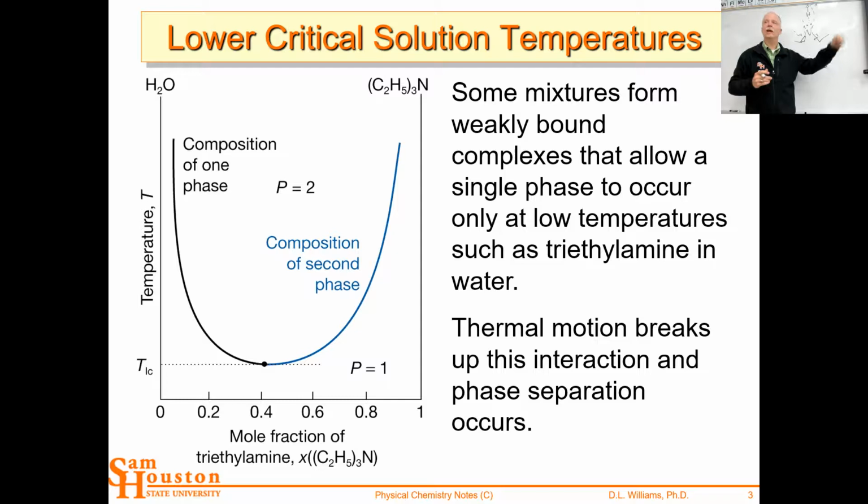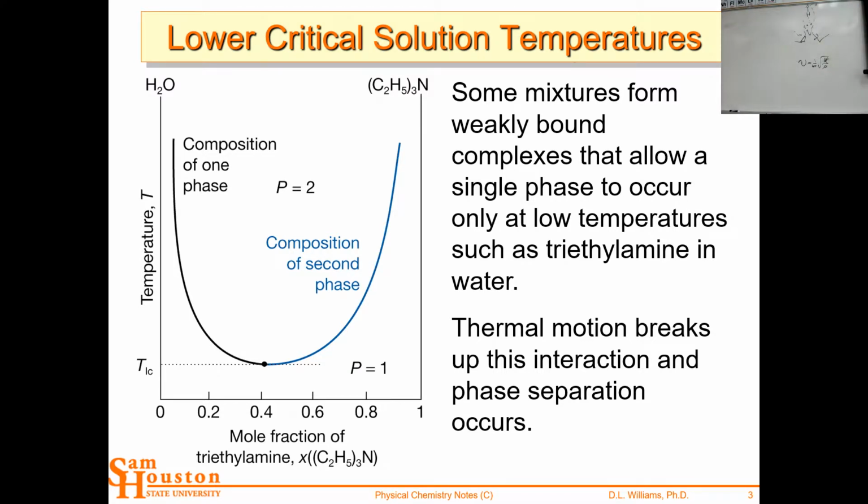You could animate them and see what the vibrational frequency was, convert it to temperature, and see at what temperature they become active. And that would be one way to see, if you wanted to see what the lower critical solution temperatures were for a series of compounds, you could correlate those with the lowest vibrational modes and see if that correlates. Okay. So thermal motion breaks up this interaction and phase separation occurs.